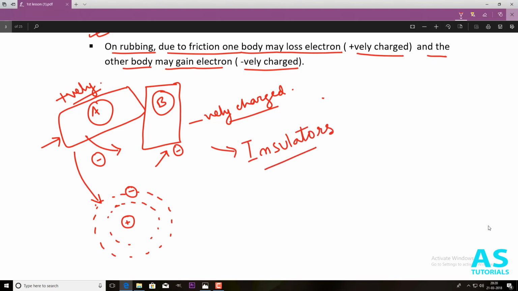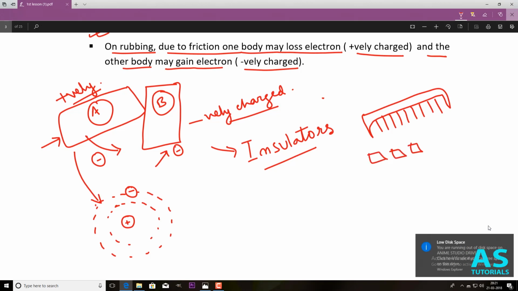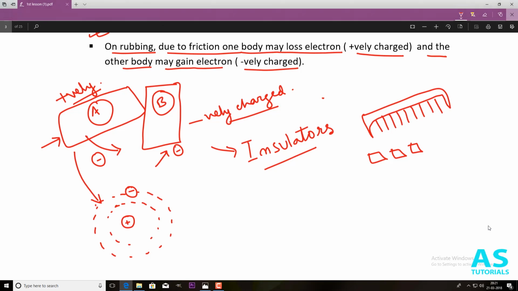You might have heard about a comb. When it is rubbed on dry hair, it can attract small pieces of paper. This is because the comb itself is a perfect insulator, and paper is also an insulator. On rubbing the hair with this comb, the comb becomes negatively charged here.